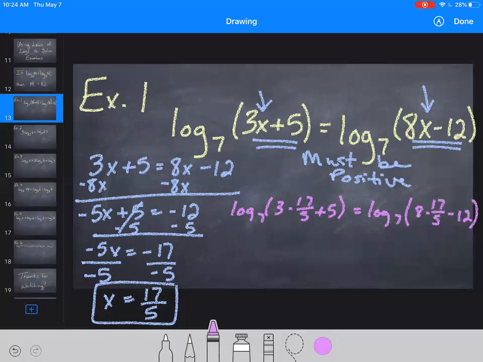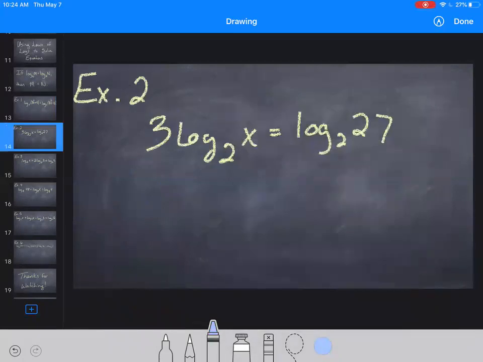You would get log base 7 of 15.2 is equal to, and if you were to multiply 8 times 17 fifths minus 12, you would get log base 7 of 15.2. And we know that these are equivalent values, so it works out. Let's take a look at example 2.